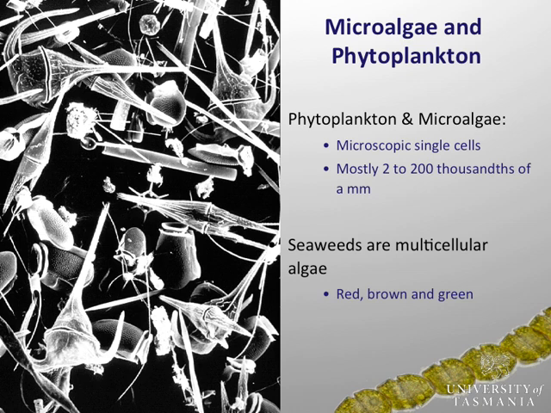So if we quickly look at microalgae and phytoplankton, this is a scanning electron micrograph of a sample taken, actually in the southeast, in the Derwent River. You can see quite a few complex looking cells in there. Most of the ones in this sample are what we know as dinoflagellates, the group that particularly interests me.